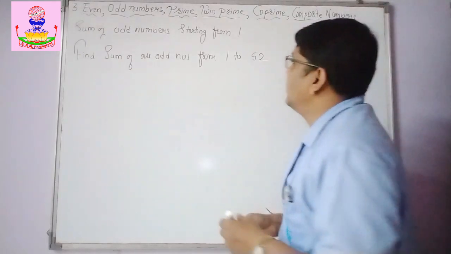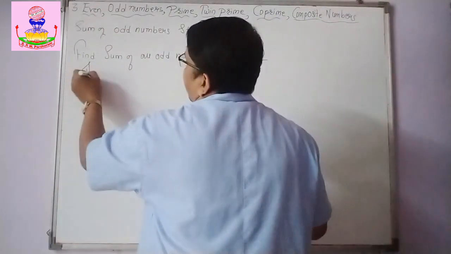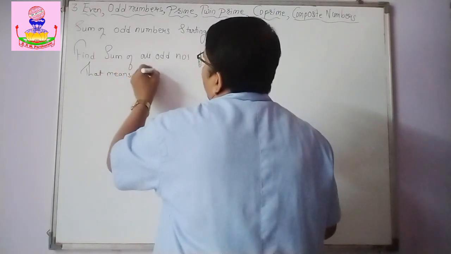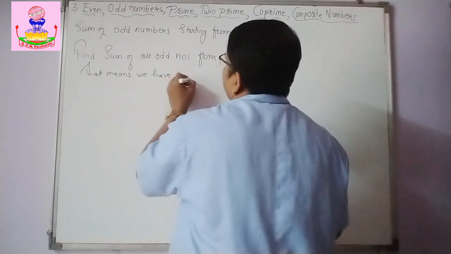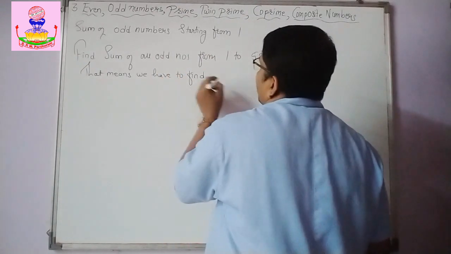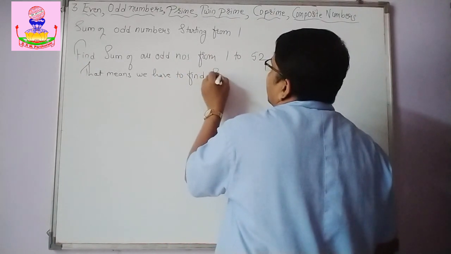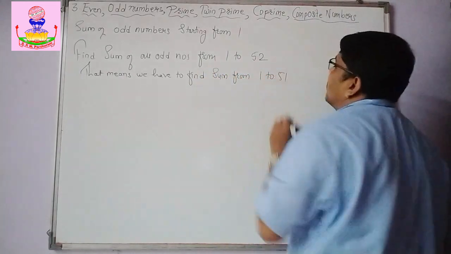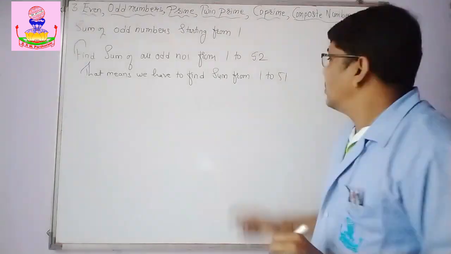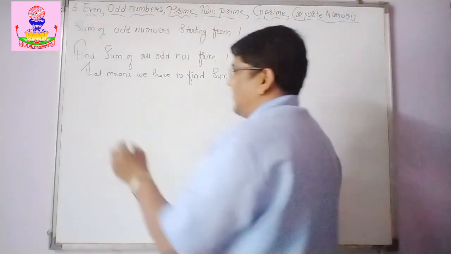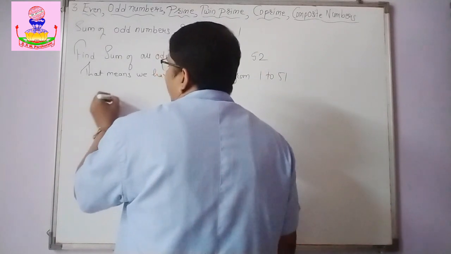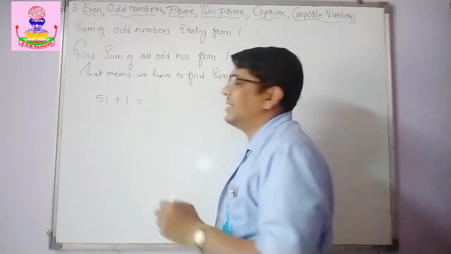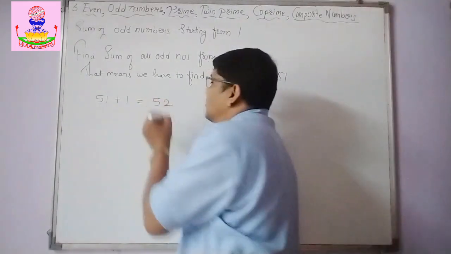Okay. So what can you do? We have to find the sum from 1 to 51, right? So what do you do? What is the last number? 51. So add 1 to it. So 51 plus 1. How much is it? 52.